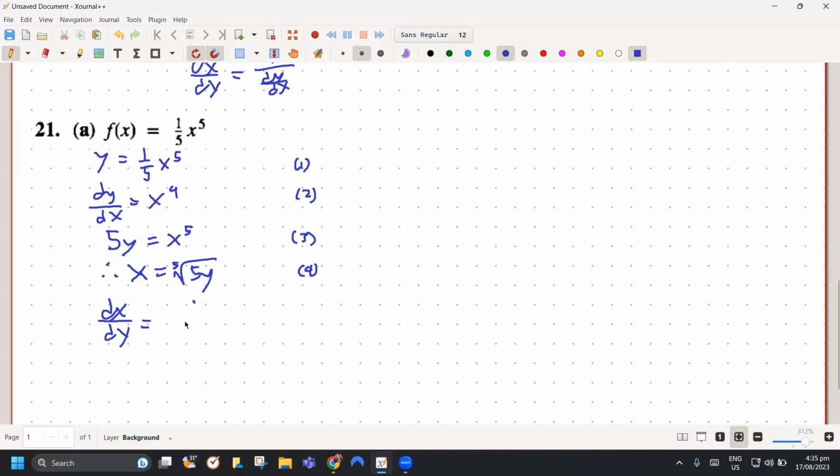I think mas useful na i-break mo yan into fifth root of 5 times y to the 1/5. Okay, and then take the derivative.